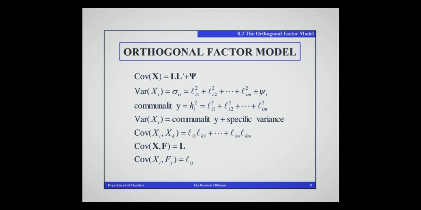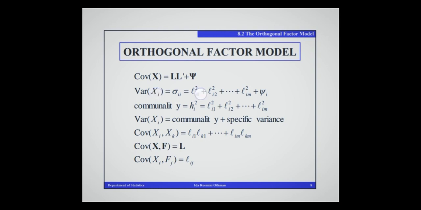Okay, and then we can also know that the variance of X adalah sigma ii, which is sigma ii ni adalah diagonal element dalam variance covariance matrix. Okay, ianya adalah variance of X.